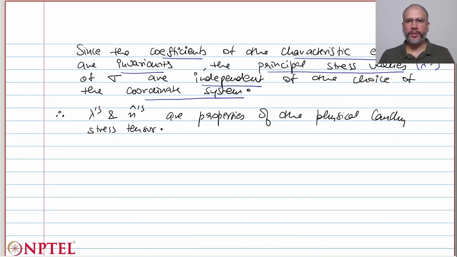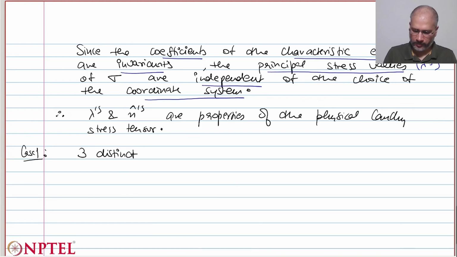So when we solve this equation, the characteristic equation, three cases are possible. The first case is that we get three distinct lambdas. That is, we get three distinct principal stress values.